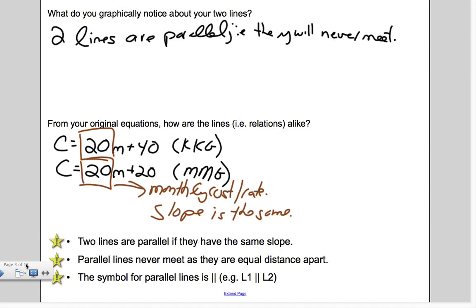So for example, we would say line 1 is parallel to line 2, if we were to label those lines on the graph. Okay, everybody got this now?